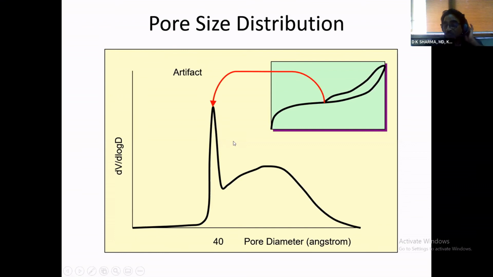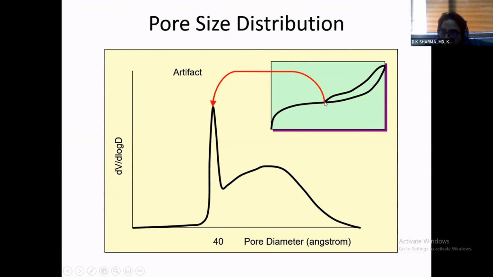Now, frankly speaking, there is no pore of 40 angstrom size in your sample. Because if there was a pore of 40 angstrom, while the adsorption branch was being measured, this activity should have been there, right at this place. Where this activity is shown on the desorption branch, there should be an activity on the adsorption branch also.